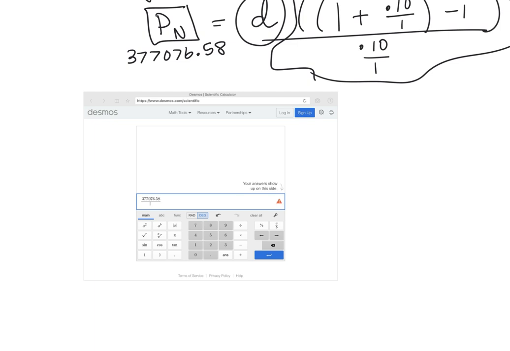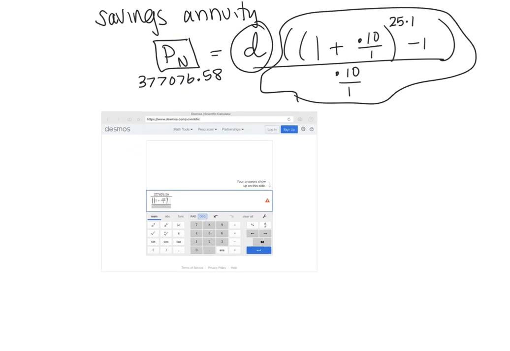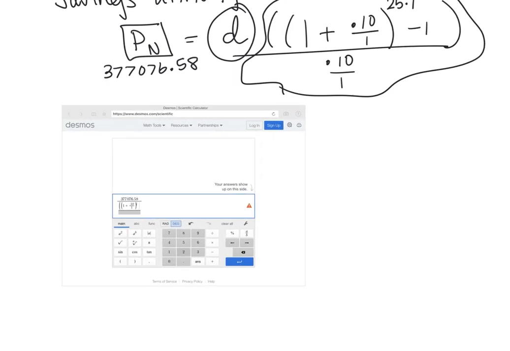I'm dividing by that entire chunk that was next to D, so I'm going to write it as a fraction below that: parenthesis 1 plus 0.10 over 1, closed parenthesis, and our exponent on that is 25 times 1, so it'll just be 25. Then we arrow over, minus 1, and our denominator is 0.10 over 1.